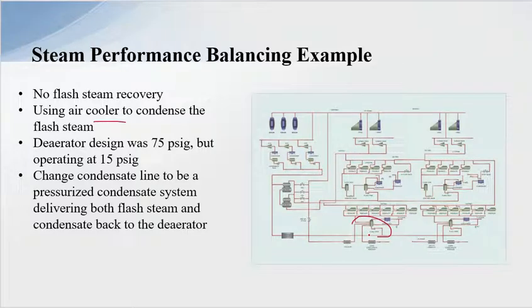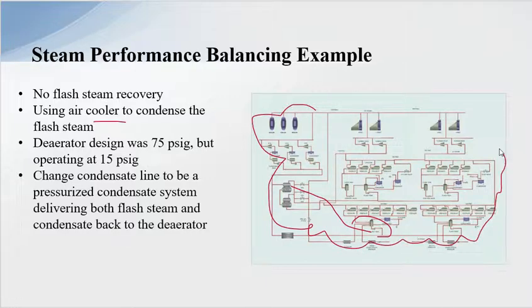Basically, we changed the system design and sent the condensate and the flash directly back into the deaerator. Substantial energy savings the first year. The project paid for itself in about a year and a half. But my point is, you couldn't accomplish that savings until we had a total understanding of the dynamics of the system, and this was an extremely large plant.